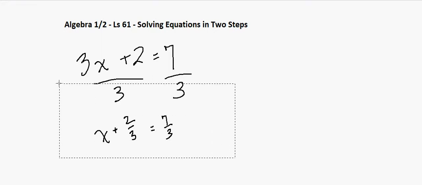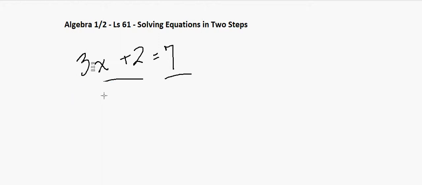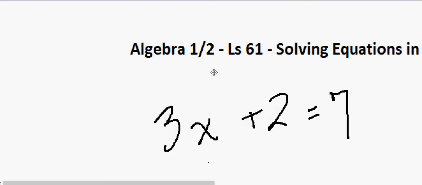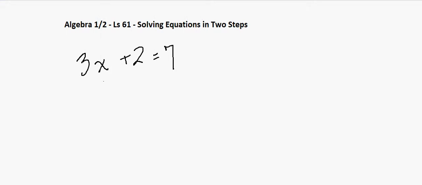I'm not going to start with my multiplication or division, nor will I normally. First, I'm going to look to eliminate any added or subtracted constants from the variable side. Got that?